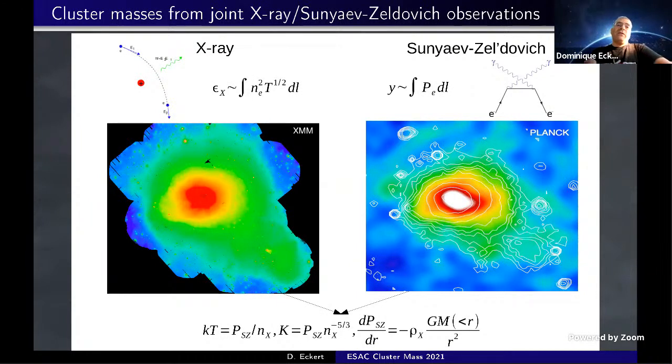And by doing that, we can get back to the thermodynamic properties. So we can get back to the temperature as the ratio of SZ pressure to X-ray density, to the entropy as the ratio of the SZ pressure multiplied by X-ray density to the -5/3. And then under the assumption of hydrostatic equilibrium, we can solve this equation and we can get back to the mass profile point by point.